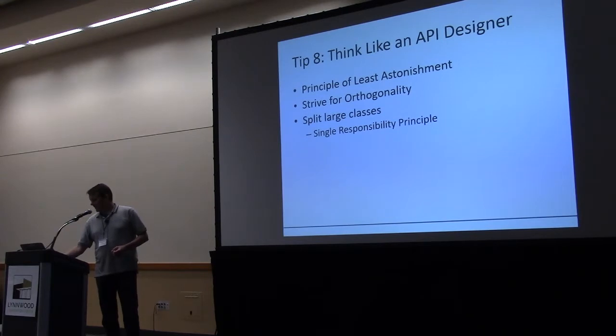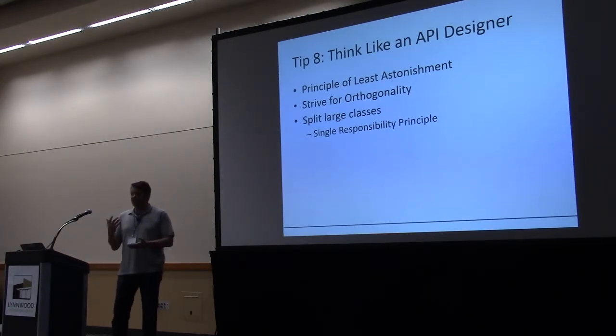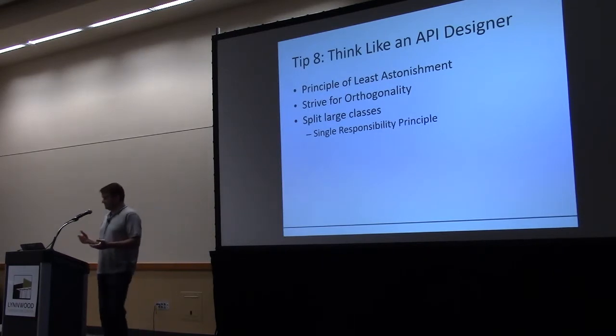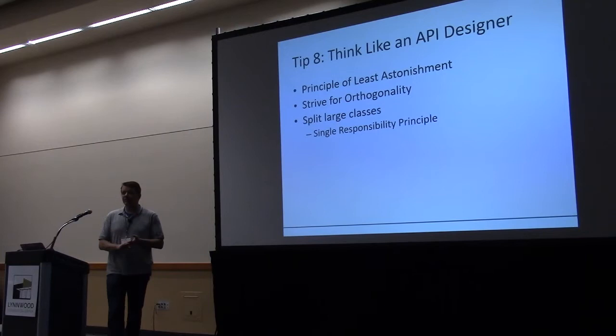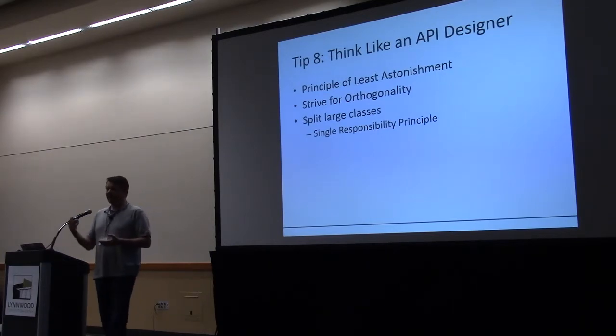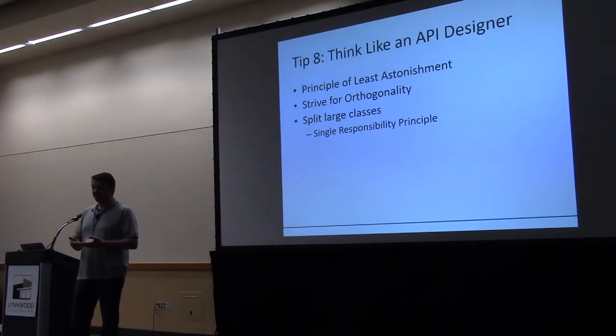If you get large classes, when you have large classes, that's typically a good time to look at them and maybe break them up into smaller classes. The single responsibility principle states every class should be responsible for one thing only. Now, that one thing can be a large thing.